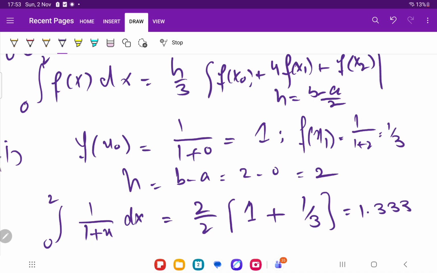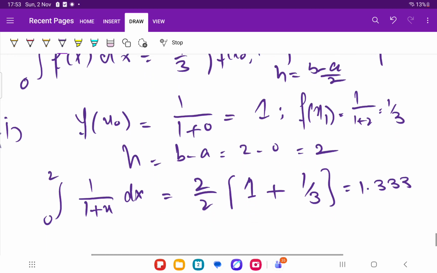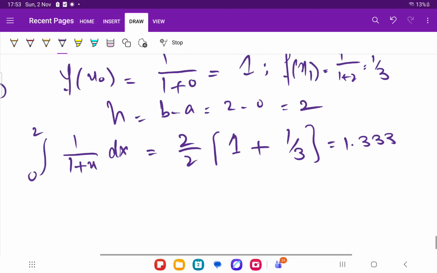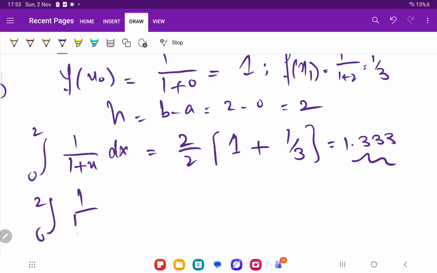So 1.33. So this is the answer for the first one, and for the second, 0 to 2, the function is the same.